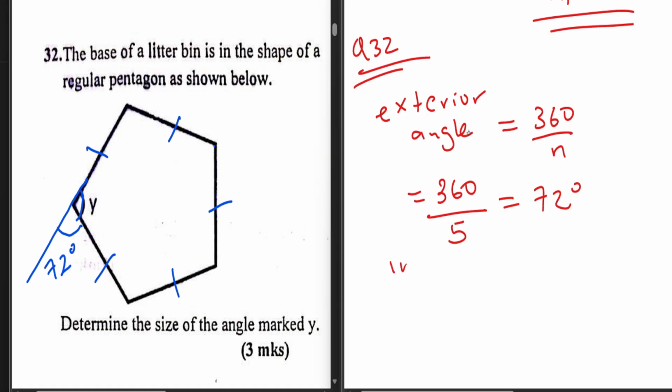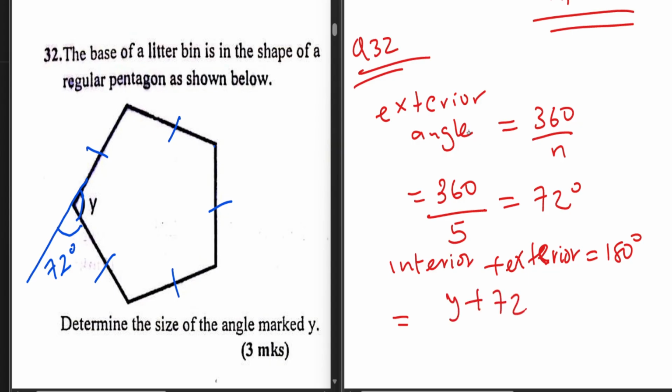And we know that interior plus exterior is equal to 180. So let's say you don't know your interior, which is Y, plus your exterior, 72 degrees, is equal to 180 degrees. So minus 72.